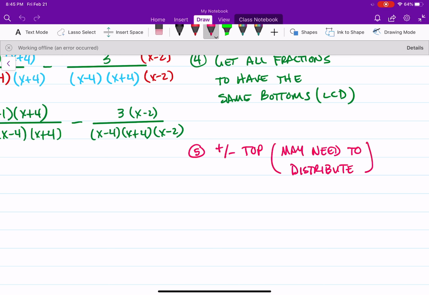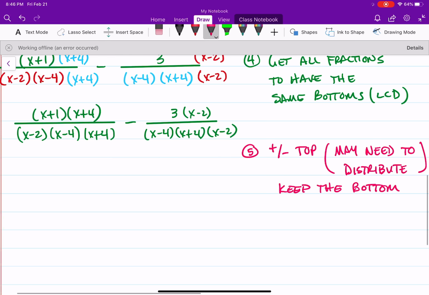So we're going to add or subtract the top, comma, keep the bottom. Okay. And when I talk about distribute, I'm talking about double distribute slash FOILing, and then just regular distribute.